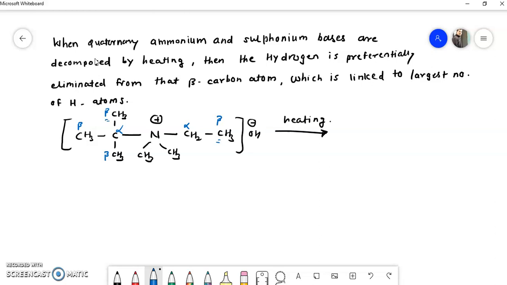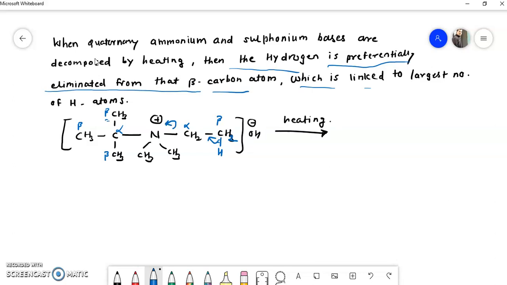So as per our rule, when quaternary ammonium and sulfonium bases are decomposed by heating, the hydrogen is preferentially eliminated from that beta carbon which is linked to the largest number of hydrogen atoms. So if you abstract the proton from this beta carbon, I will write here CH2, and if I abstract this beta hydrogen, then this bond will shift here and this will shift like this.